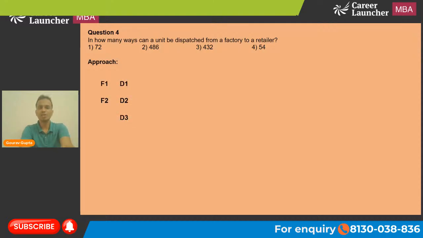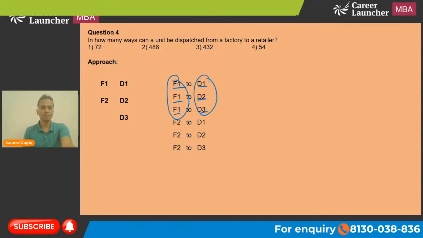We have, let's say, 2 factories and 3 depots. So in how many ways, using 2 factories and 3 depots, can I travel: F1 to D1, F1 to D2, F1 to D3. F1 को fix किया, D1, D2, D3. Then F2 को fix किया, D1, D2, D3. Right?